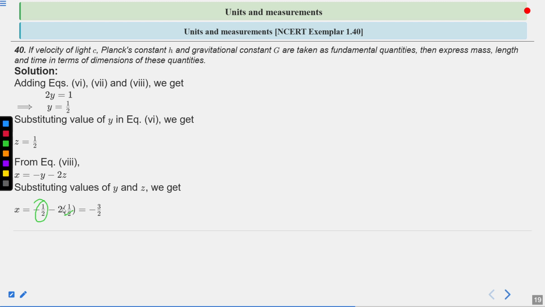Here the 2 cancels out, the remaining terms are minus 1/2 minus 1, which is minus 3/2. So the value of x is minus 3/2, the value of y is 1/2 and the value of z is 1/2. So from the principle of homogeneity, we get x, y, z.